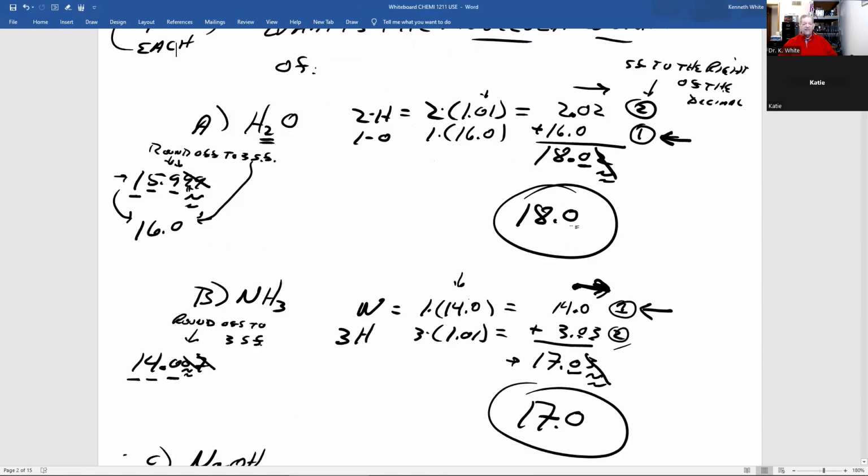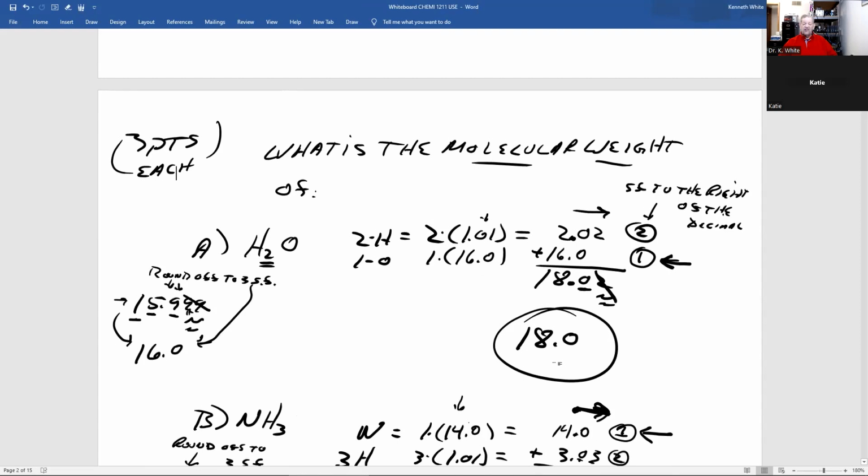The molecular weight of water we calculated earlier is 18.0. That means 1 mole of water is 18.0 grams. Remember, the molecular weight of a compound equals the mass in grams of 1 mole of that compound. So 1 mole of water equals the molecular weight, 18.0, and that's in grams.